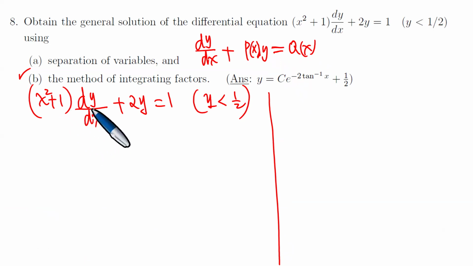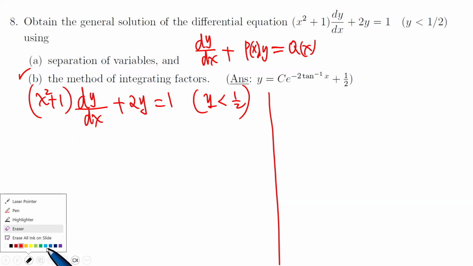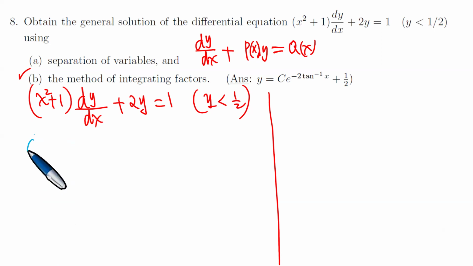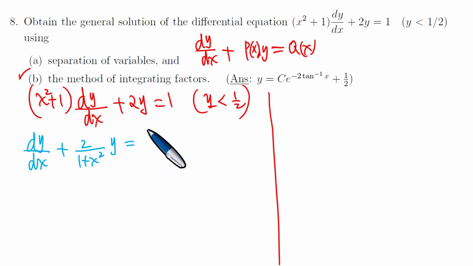So now the coefficient of the dy dx for the method of integrating factors will have to be 1. So you must divide by this x squared plus 1. So we write dy dx plus 2 over 1 plus x squared y equals 1 over 1 plus x squared.